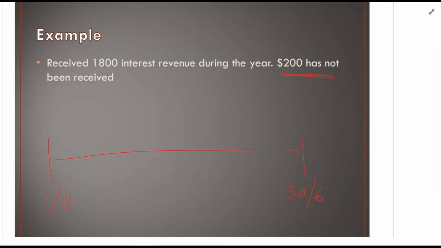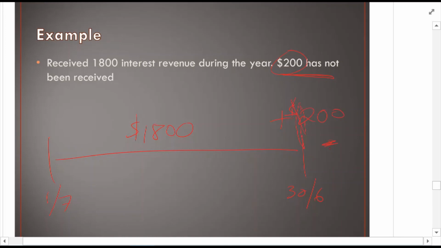So we know during this whole financial year we've received $1,800. We've got $200 that should be added to it, so we've got to add another $200. Unfortunately, we're probably not going to receive it till the next financial year, maybe in the next day or two.